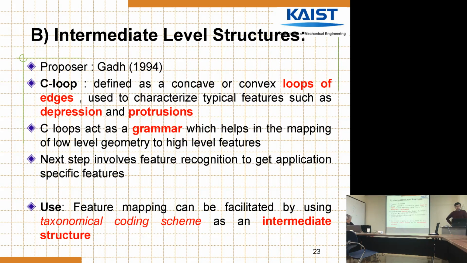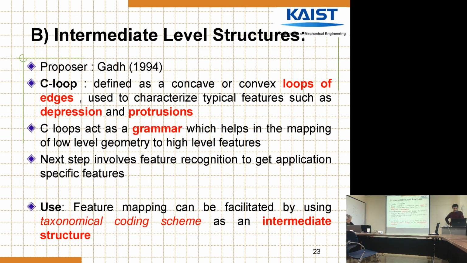The C loop is actually the loop of the edges. He is saying that it is defined as concave or convex loops of edges used to characterize typical features such as depression. Somehow the loop can tell us whether it is a protrusion or a depression. So it is a grammar which helps in mapping of low level geometry to high level features.